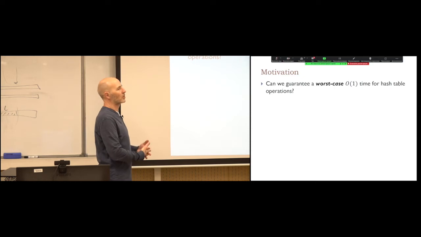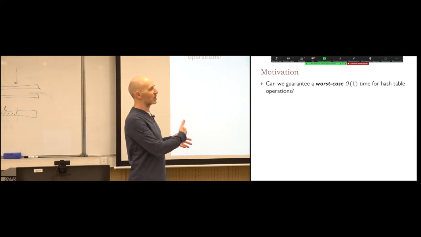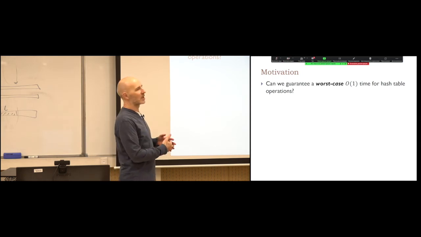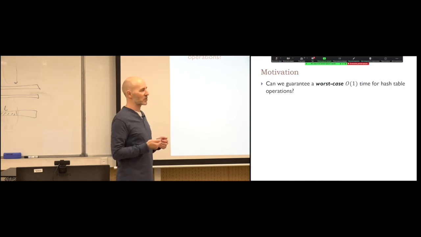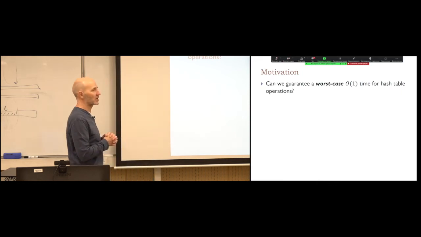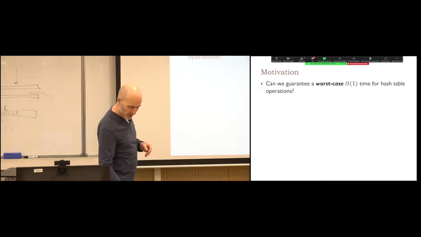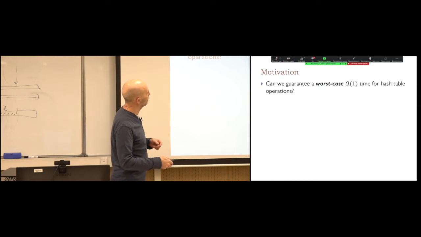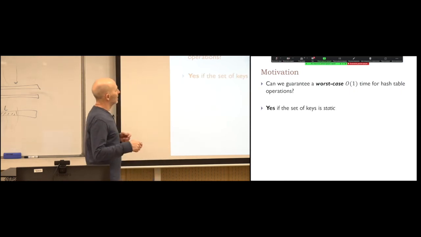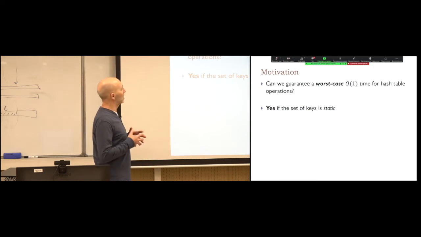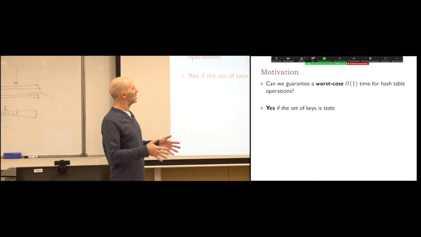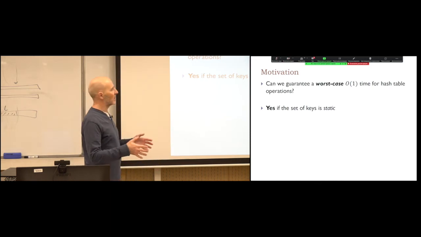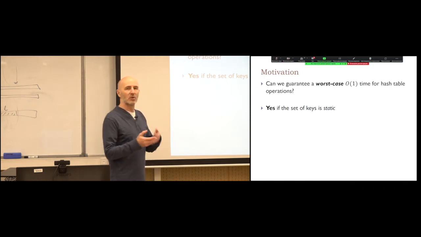Well, of course, this is not possible, as I already said several times, because we can always have a situation when we are receiving objects that map to the same bucket. So we need more assumptions. One assumption that we can add to guarantee this is that the set of keys is static. It means that the set of keys that we have to store in our table is given once for all in advance, and we can, for example, go through it several times.